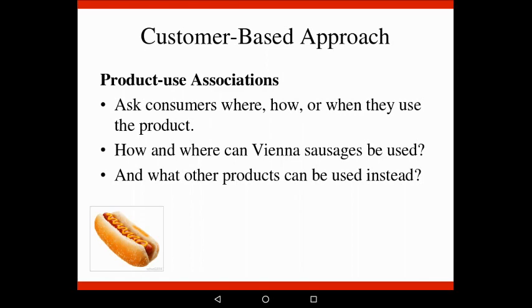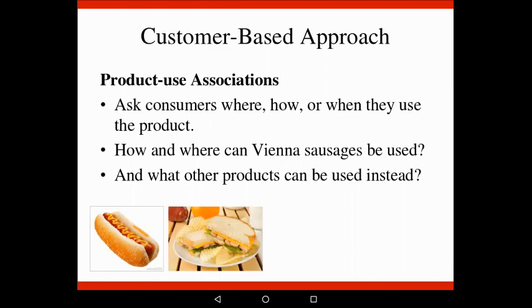Let's have a look. Okay, so you have a hot dog. And what other products could be used? Well, of course, you could use ham, or, most importantly, you could probably use boerewors. It's a bit more expensive, but you could use boerewors in a hot dog. Then we have on a sandwich, and you could also use ham or chicken or tuna.